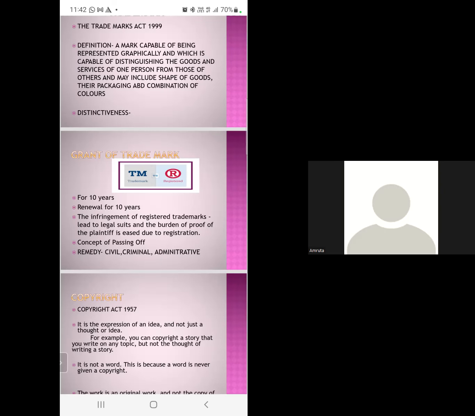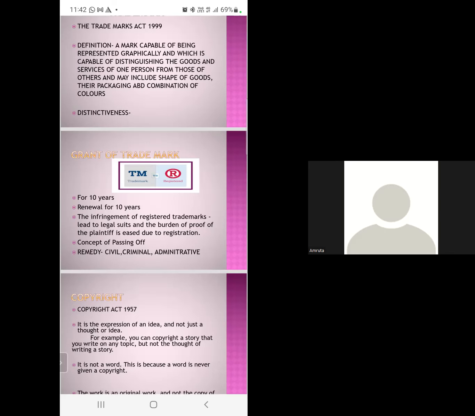The infringement of a registered trademark leads to legal suits, and the burden of proof of the plaintiff is eased due to registration. So this means that if there is an infringement, you can initiate a legal suit or civil suit against the infringer. However, the burden of proof is what?